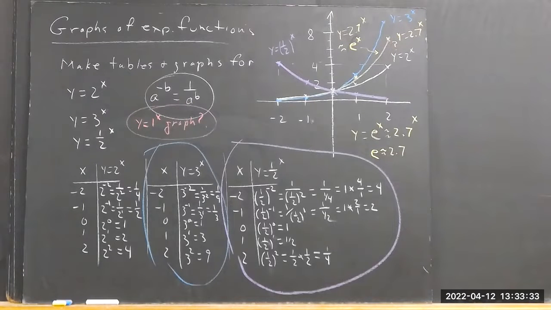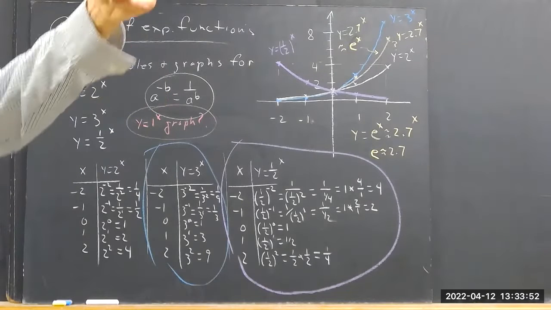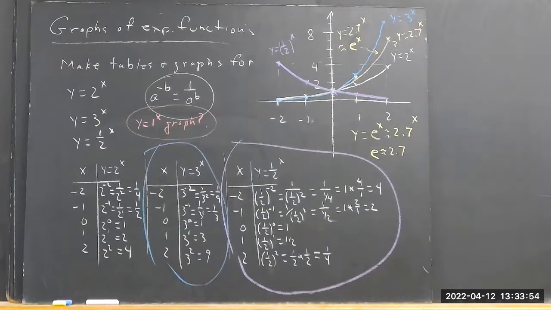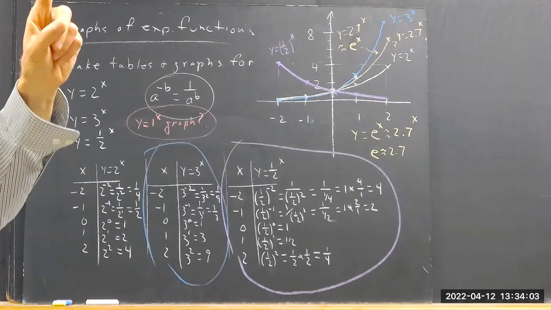Well, show me with your fingers, one hand or the other, use two hands if you need them. If we're doing y equals 1 to the x, what would you get when x equals -2? Well, 1 to the -2 is 1 over 1 to the 2, right? What's 1 squared? 1. What's 1 over 1? Be sure you hold up the right finger.